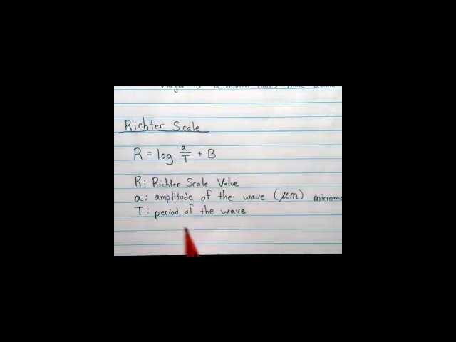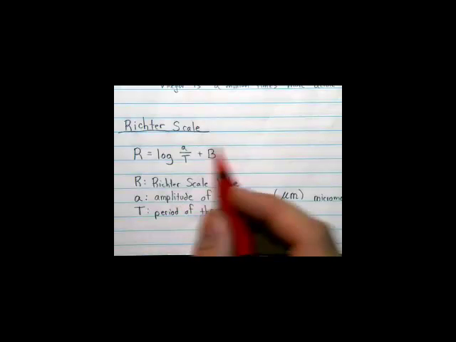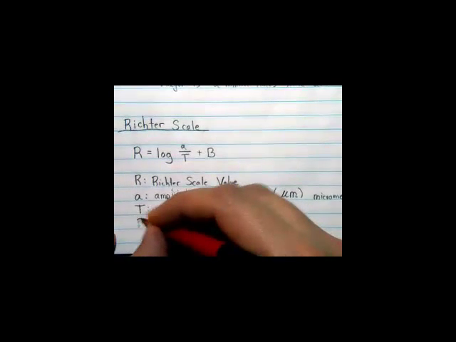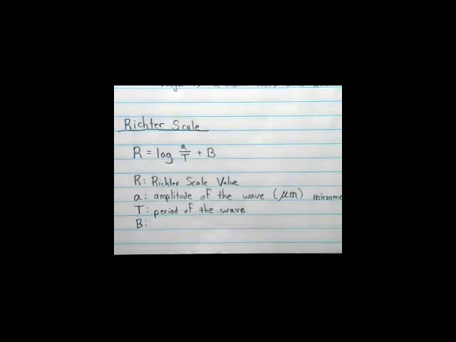So if we know the period, we know the amplitude, and then there's this B. What happens is as these waves go out, they don't just continue forever, right? Because then if there was an earthquake in San Francisco, we'd feel it in Hopkins, and that's not the case. As it goes out from the epicenter, what happens to that wave? It dissipates, right? And so this B that gets added onto the end is just a number that accounts for how much it dissipates as it goes out.